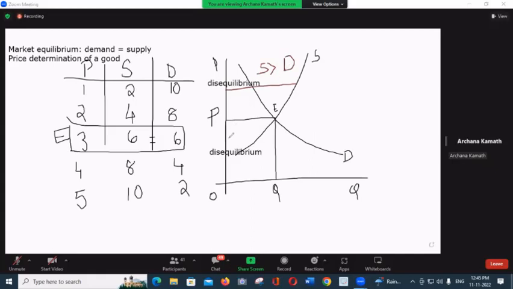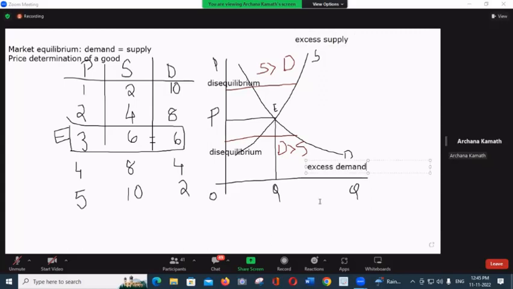And when the price is lower than the equilibrium price, demand is greater than supply. When supply is greater than demand, it is known as excess supply. And when demand is greater than supply, you can say it is excess demand.